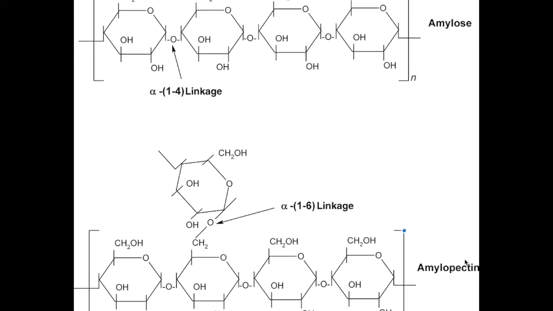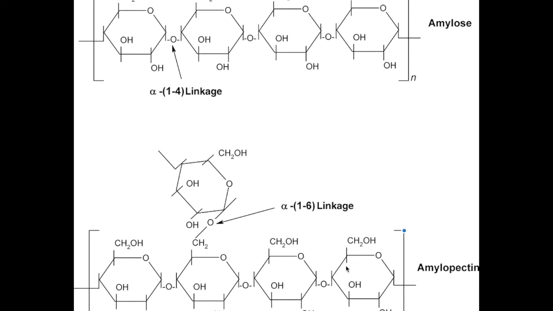Now let's talk about amylose and amylopectin. In amylose, you can see there's an alpha D 1 to 4 linkage between the glucose molecules, which is the linkage between the first carbon atom of one molecule and the fourth carbon atom of another molecule, and you can find them in a chain structure. Amylopectin is similar to amylose with the same chain base.